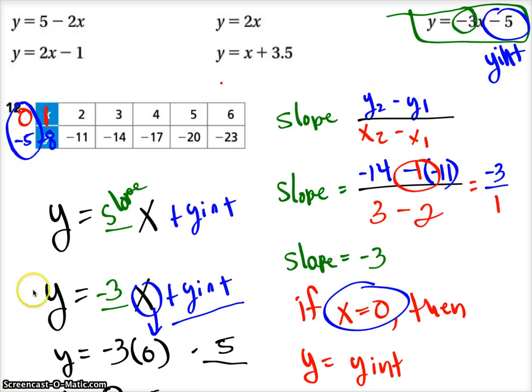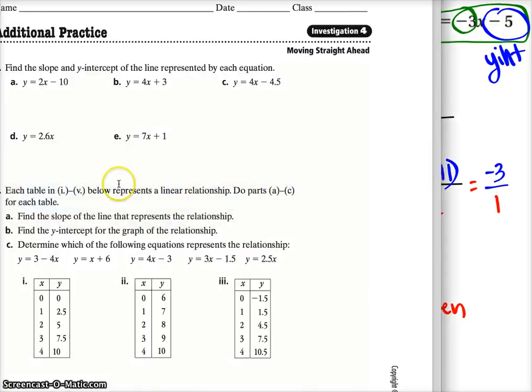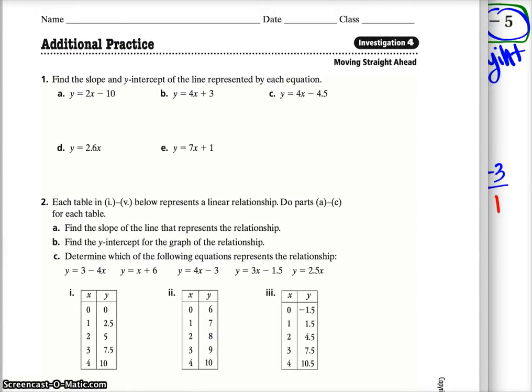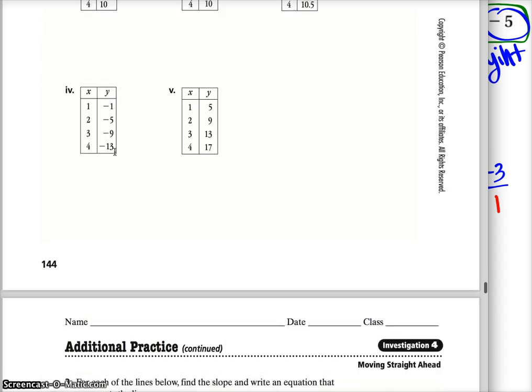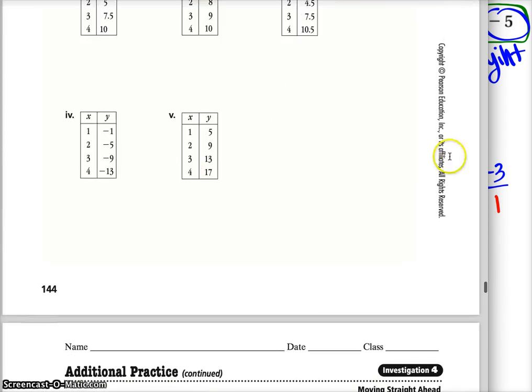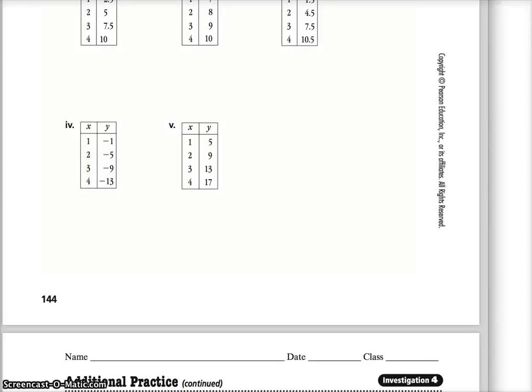Your worksheet looks like this. I'm going to do a couple of equations from here. This, I believe, is page 144, and here's 145. I'll do a couple from here so that we can get some practice in and you can see it live.